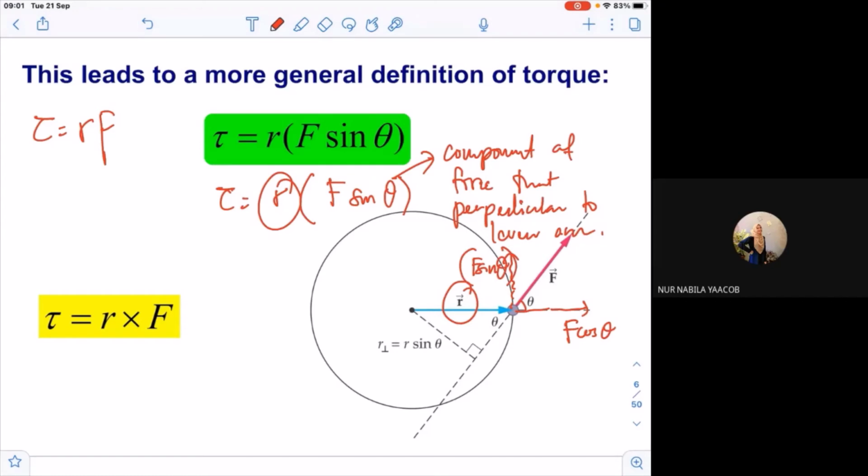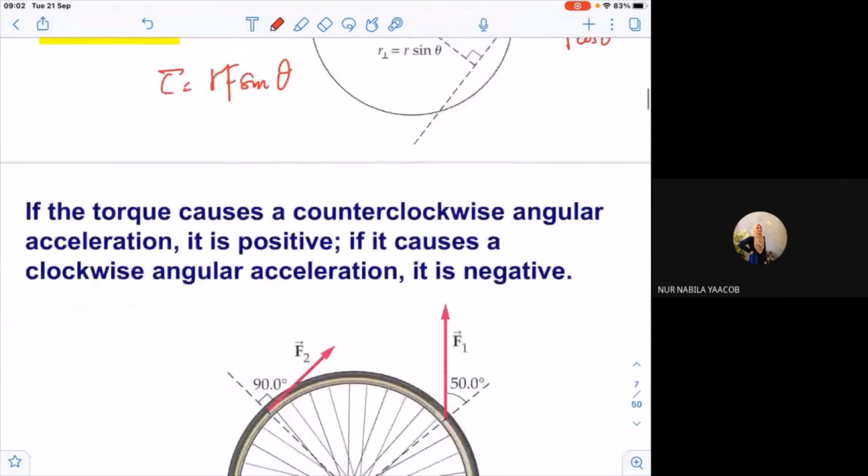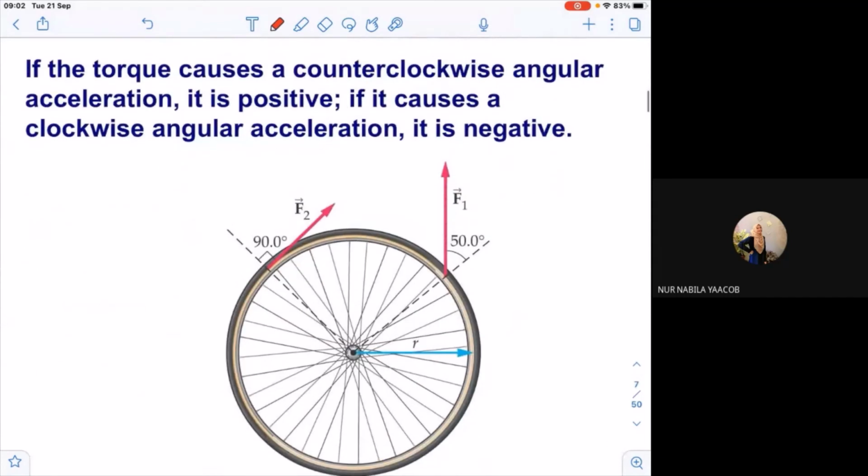The one we consider is F sine theta times R. So torque is equivalent to R F sine theta, where theta is the angle between the lever arm and the force. Okay, these are good examples.